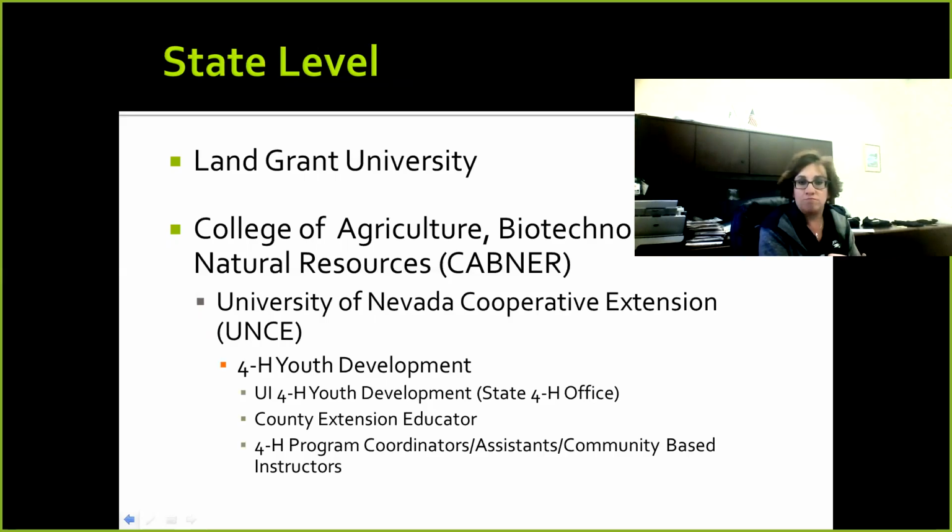But right now it's me, and I am housed with the dean in his office. He is still currently, I believe, the dean or the director of extension. I'm housed in his office. And then we have our county extension educators and our program coordinators, community-based assistants.